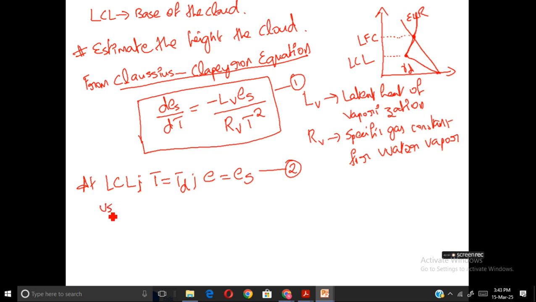Now we use 2 in 1. At LCL, the Clausius-Clapeyron equation becomes dE by dT, because E and Es are equal, equal to minus LV E by RV into Td squared, T being the dew point temperature.